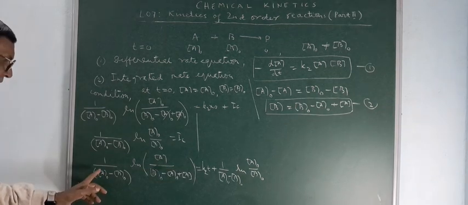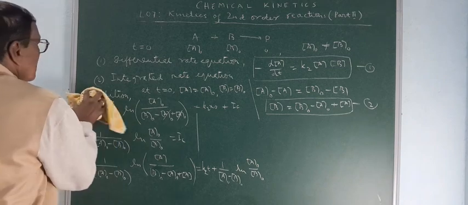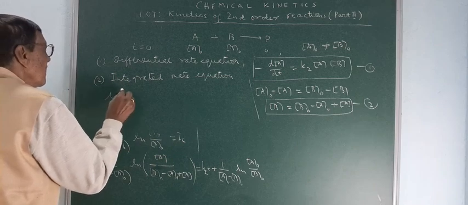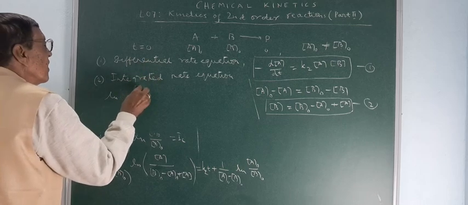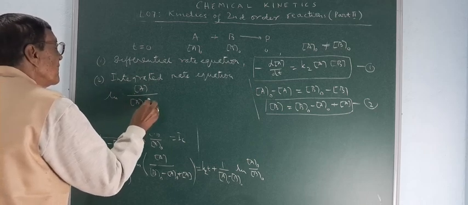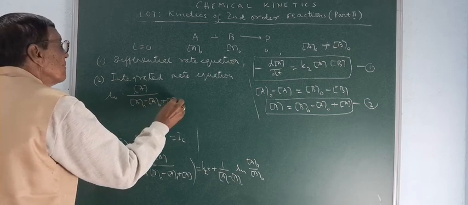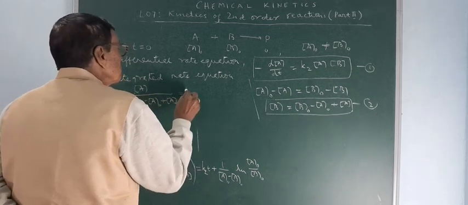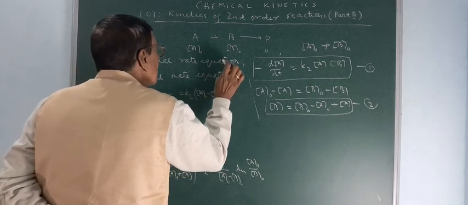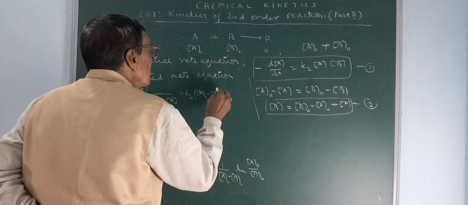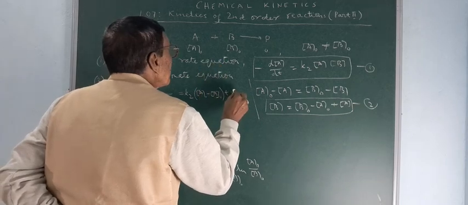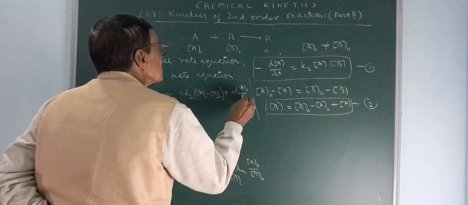If we multiply both sides by A naught minus B naught, then the integrated rate equation will be ln concentration of A divided by (concentration of B naught minus A naught plus concentration of A) equal to K2 into (concentration of A naught minus concentration of B naught) into t plus ln concentration of A naught by concentration of B naught.